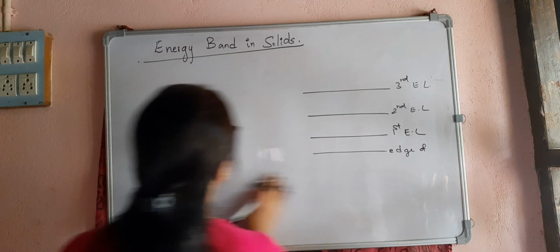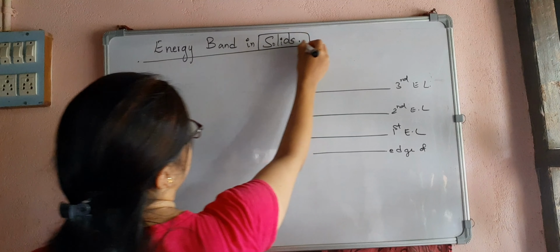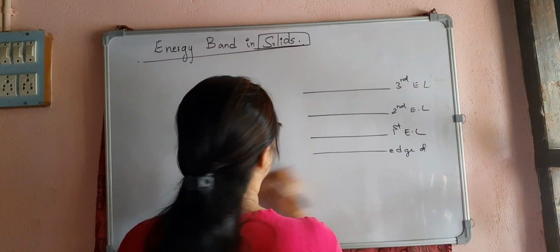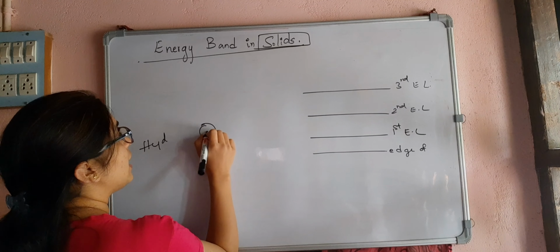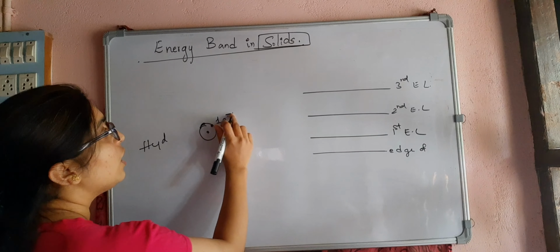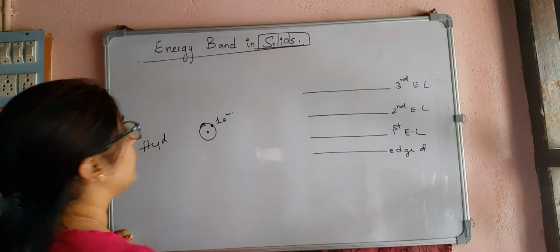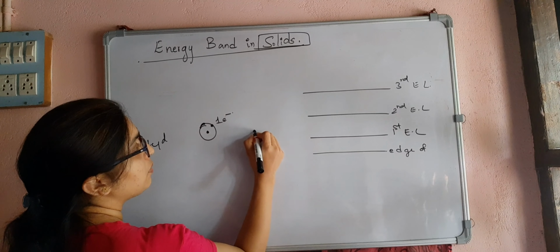Now when we come to solids, what happens? See, if I consider a hydrogen atom, it has only one electron in the orbit. Now suppose I bring two hydrogen atoms.